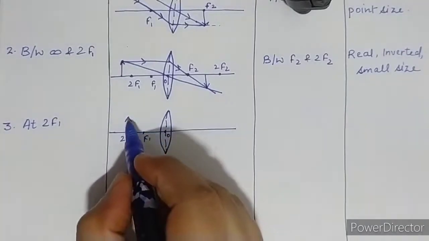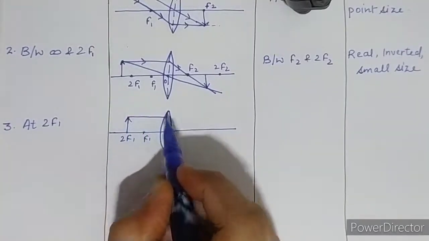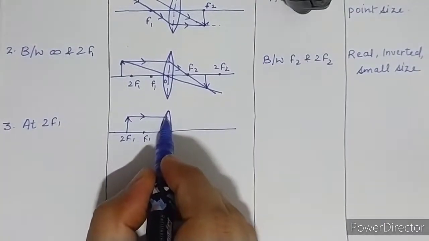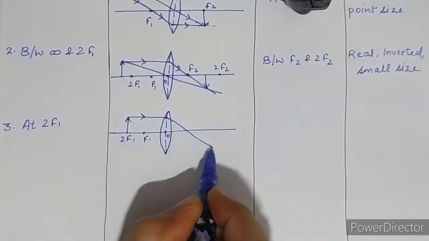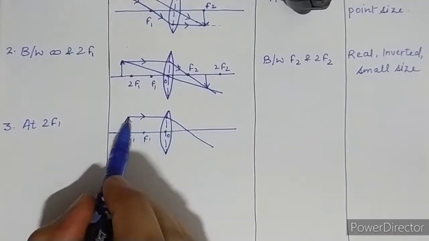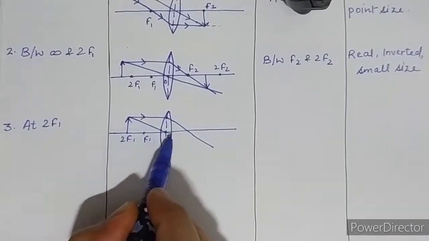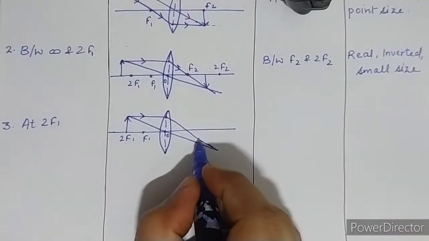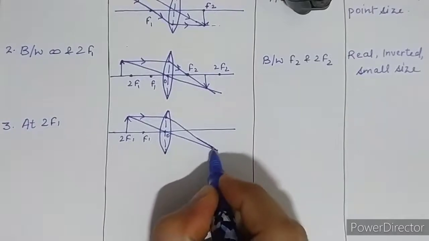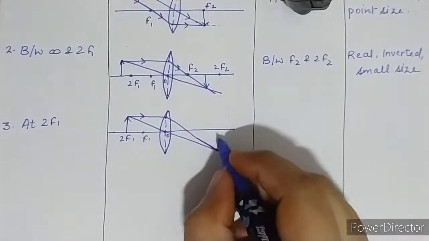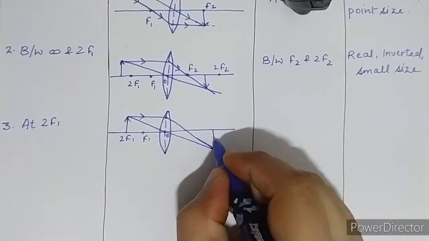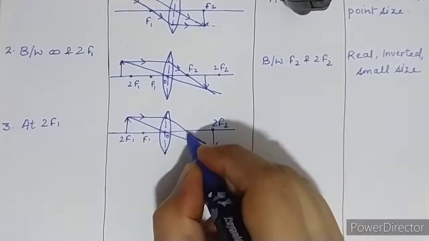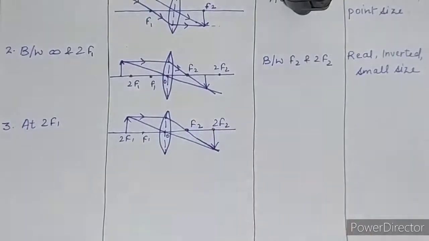So when the light rays are incident parallel to the lens, then they will pass through the focus point, and when a ray passes through the optical center, it goes without deviation. When you draw it, it will be a straight line with the help of the scale. So here the image has been formed at 2f2, this is your f2.